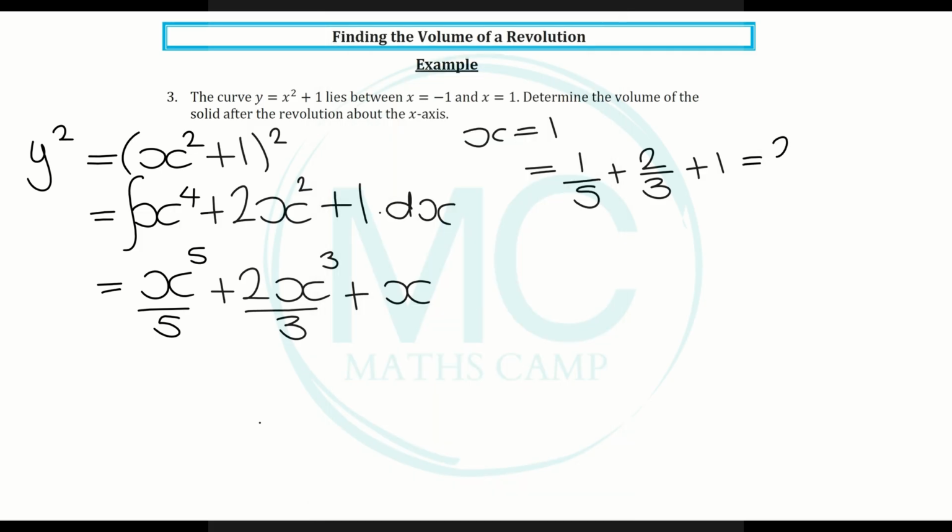It's equal to 28 over 15. Now I need to substitute -1 into x. So I'm going to get -1 with the exponent of 5 gives me -1, becomes -1 over 5. -1 cubed is still -1, multiplied by 2 gives us -2 over 3 plus x becomes -1.